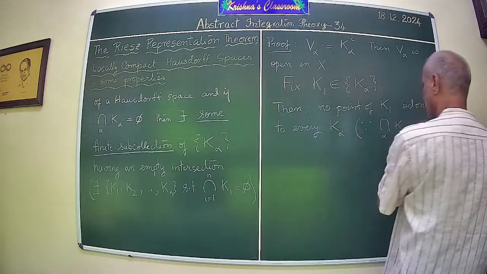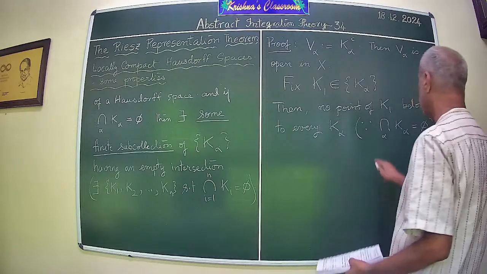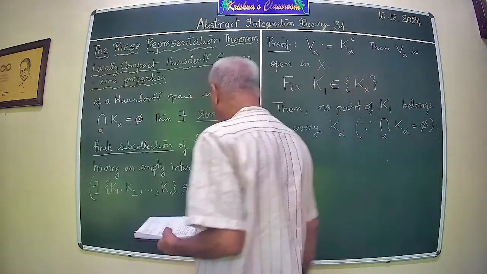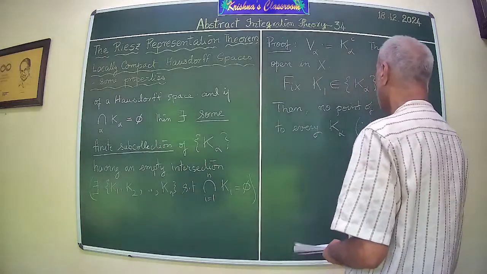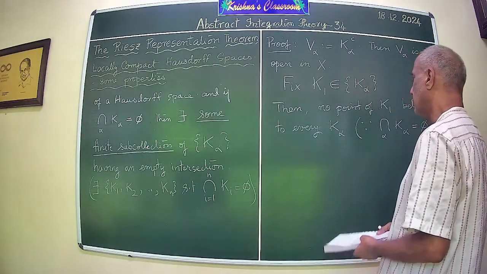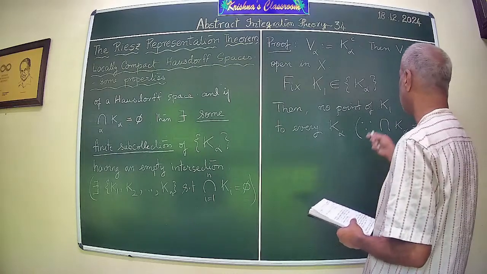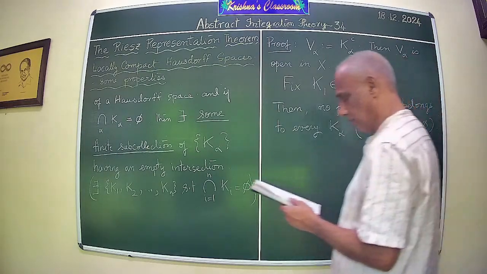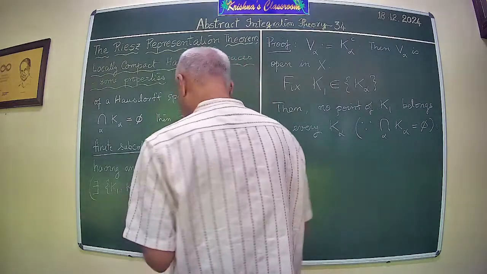That's a contradiction. So the reason is this is empty. Therefore, not every point of K1 belongs to every one of these K alpha.